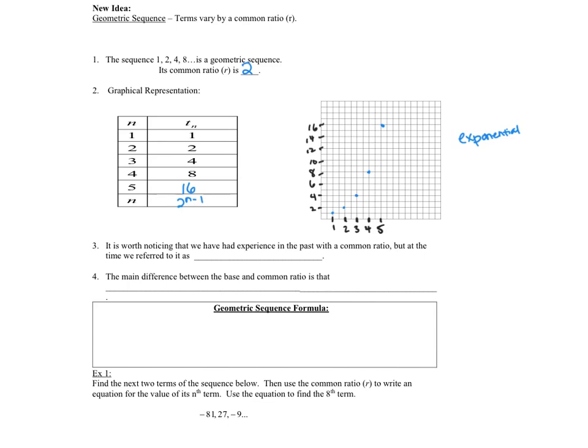Because in exponential functions, we have always called that common ratio a base. And in the exponential function, we knew that bases are always positive. But that's not true in sequences. Ratios, that R value, can be negative.